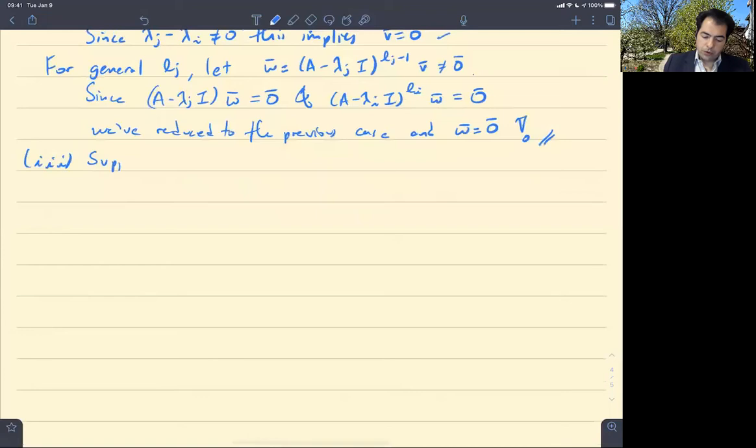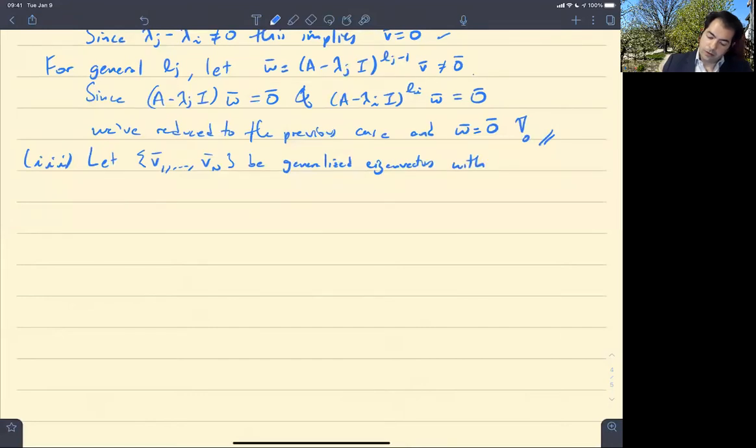Okay, so let V1 through V capital N be generalized eigenvectors with Vj in the generalized eigenspace corresponding to mu j of A.